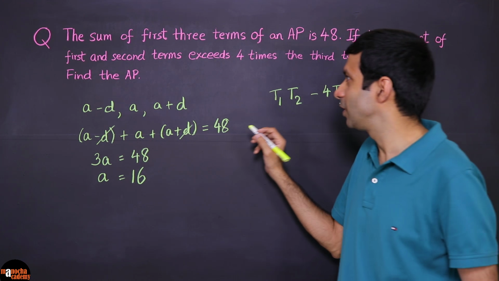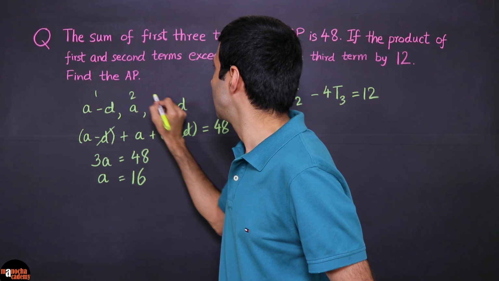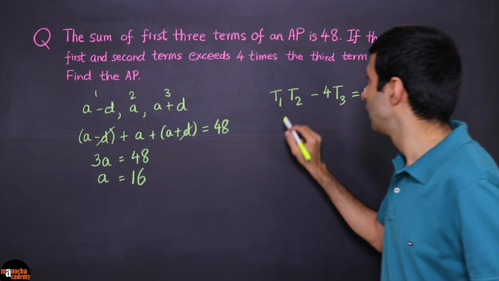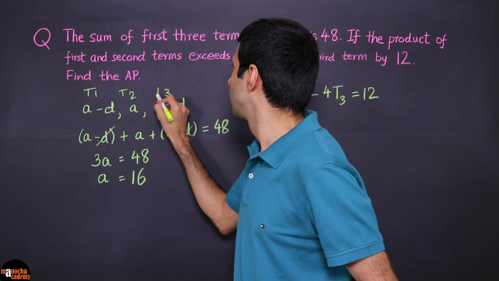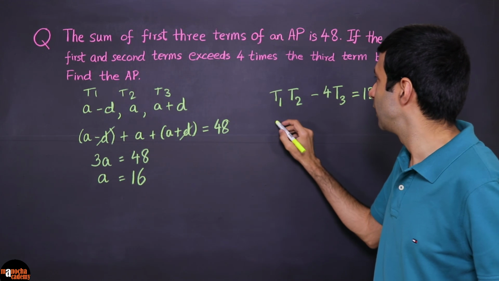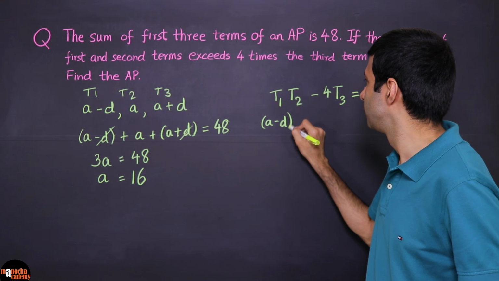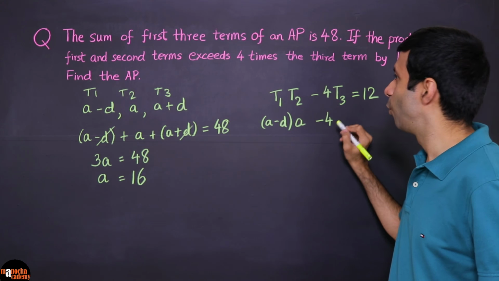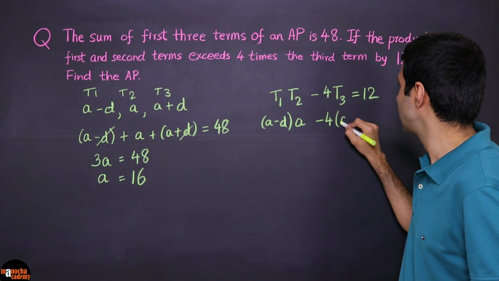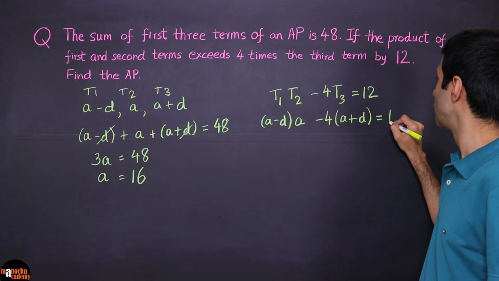Again, let's substitute the terms. So this is our first term, second term, and third term, right? So that's T1, T2, T3. So we can substitute T1 is going to be A minus D times A minus 4 times A plus D equals 12.